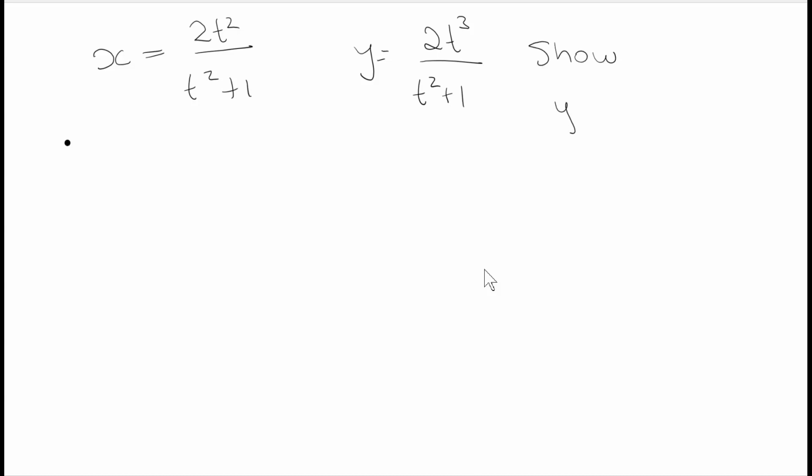You were given that x equals 2t squared over t squared plus 1 and y equals 2t cubed over t squared plus 1, and you were told to show that y squared equals x cubed over 2 minus x.